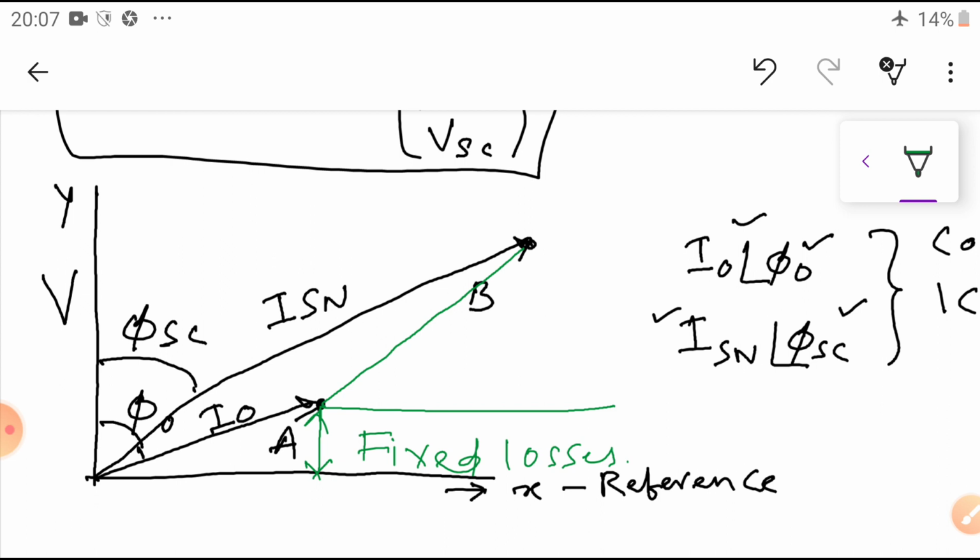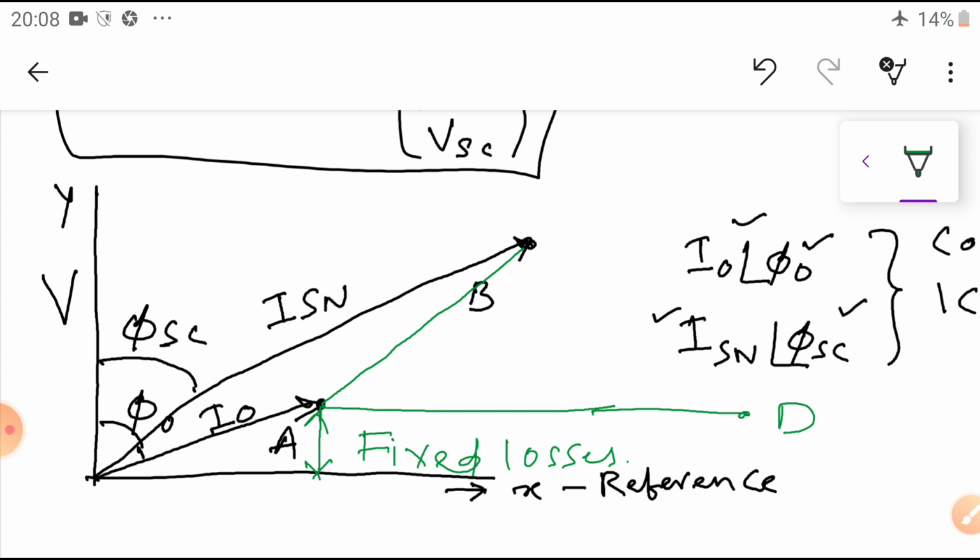Let us write up to this point as D. Dear students, don't bother about the letters A, B, C, D; you can write anything arbitrarily. Now A and B are connected, and AB is the output line.